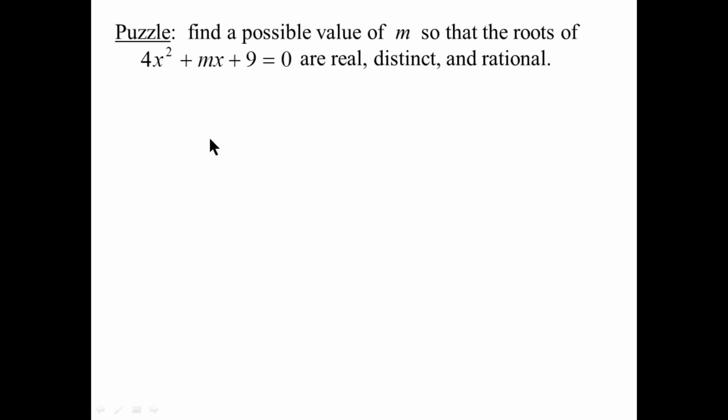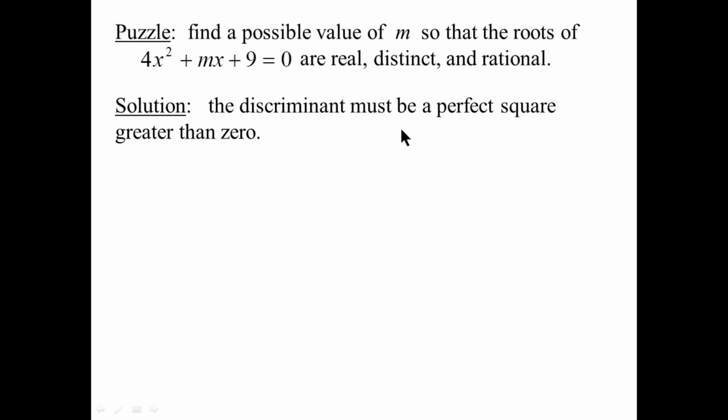Here's a puzzle. Find a possible value of m so that the roots of this quadratic are real, distinct, and rational. So we know that the discriminant must be a perfect square if it's got rational roots. There's the discriminant, b squared minus 4 times a times c.